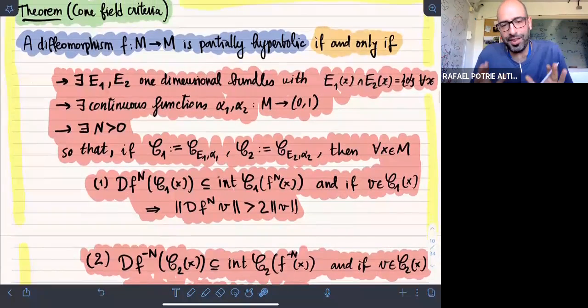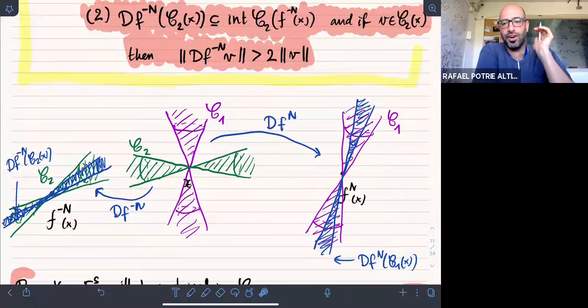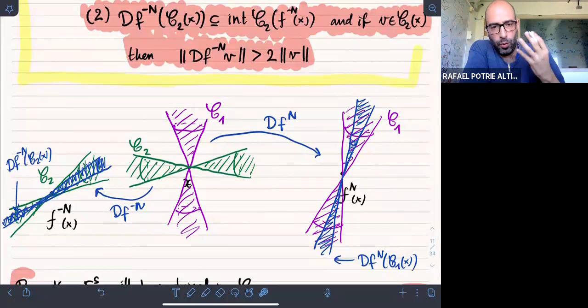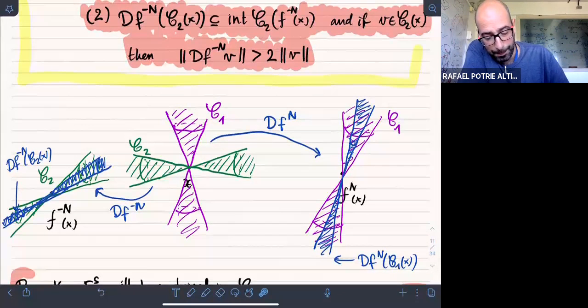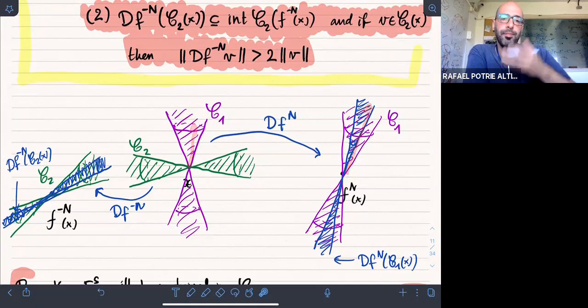But I just want to keep the drawing, okay? And the drawing is that what you have to have in mind is that you have a family of cones that depends on the point, and when you apply the derivative, this C1 cone is mapped inside the C1 cone in the forward orbit, and the vectors here are all expanded, say, by 2.